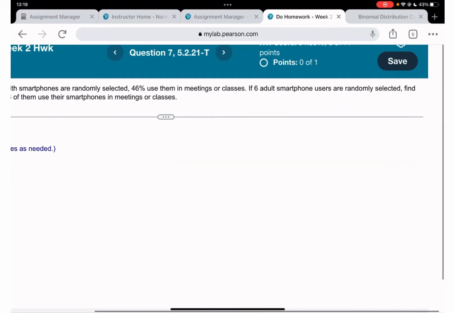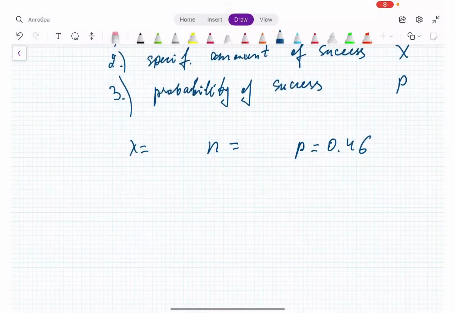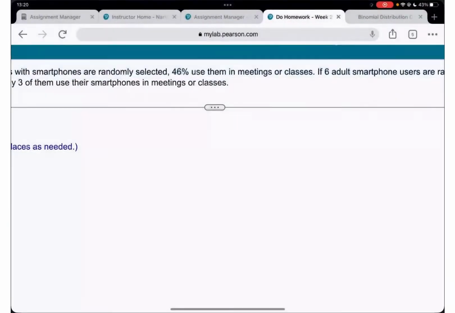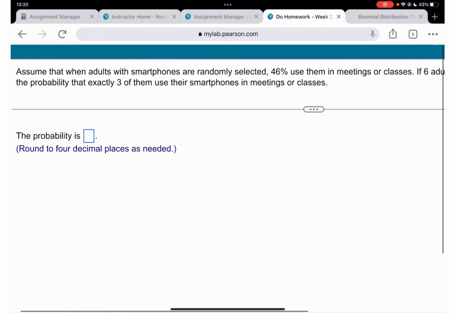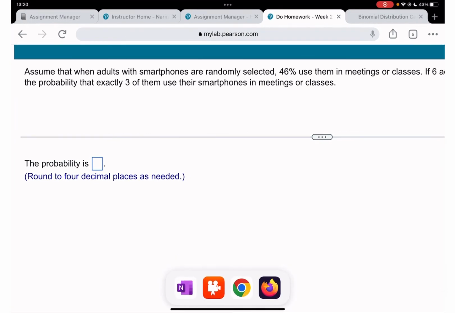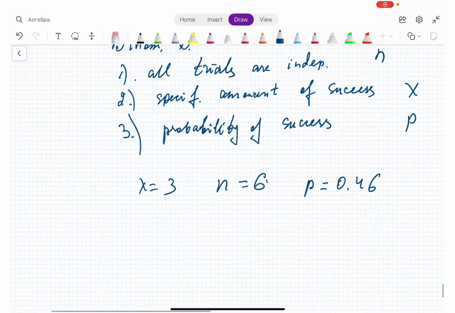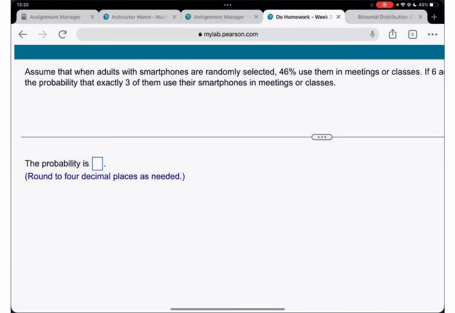If 6 adult smartphone users are randomly selected, which is our N, find the probability of exactly 3. Our x is going to be 3. Probability for 3. Okay, let's work on it.